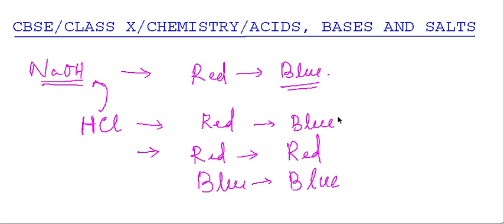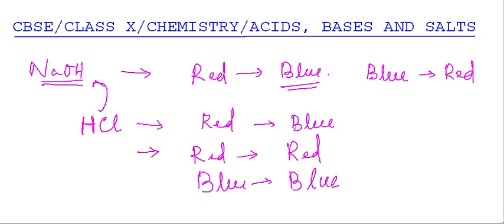Then still when you keep on adding HCl to the NaOH solution, you try testing with blue, so blue will start turning red. So from this experiment, what can we conclude? That when you are adding acid to a base, they are neutralizing each other.